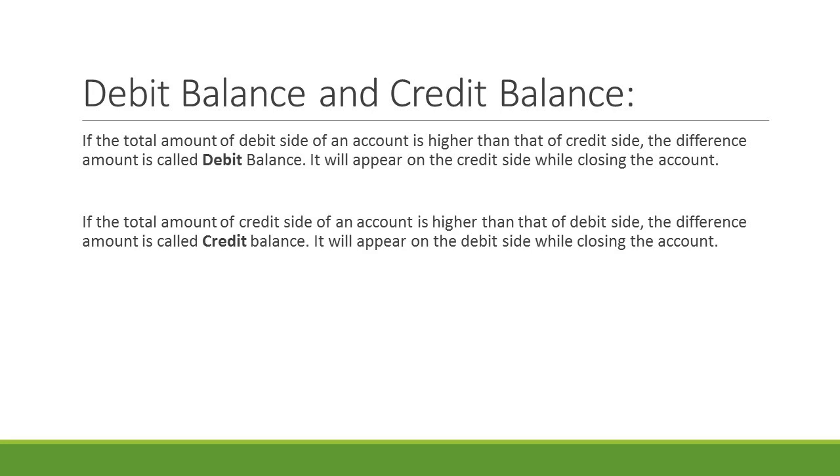And exactly opposite, if the total amount of the credit side is more than that of the debit side, then the difference amount will be called credit balance, and it will appear on the debit side while closing the account.